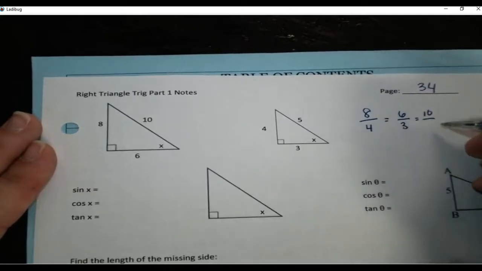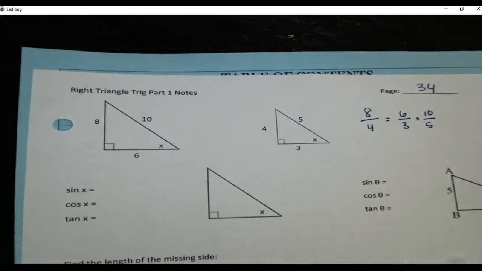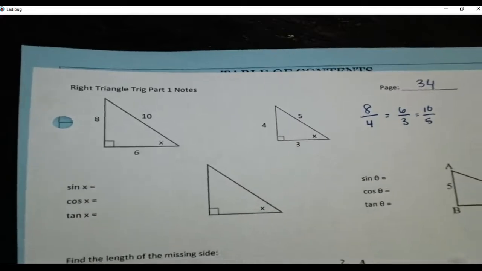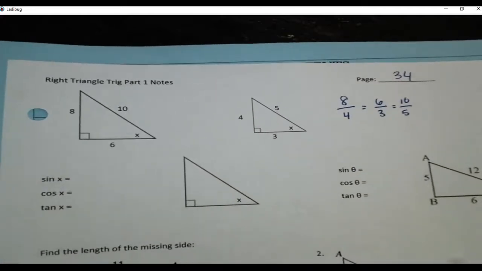And then the 10 matches, good, the 5. So are all of those ratios the same? Yes. So they all give you 2. That is what all of this right triangle trig is based off of, similar triangles. You're only going to have one triangle, but you can just know that every single triangle that has the same angles is similar to every other triangle that has the same angles.